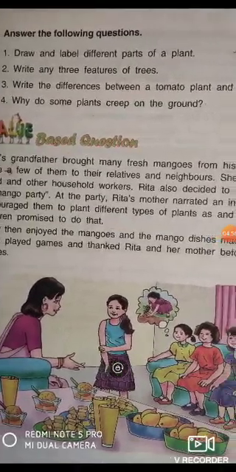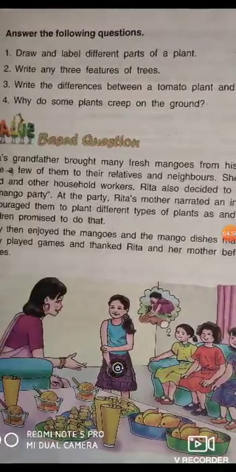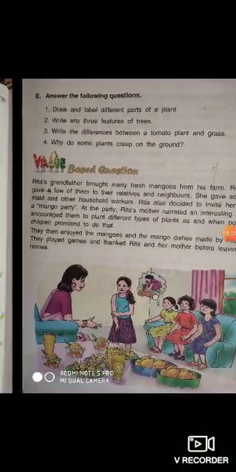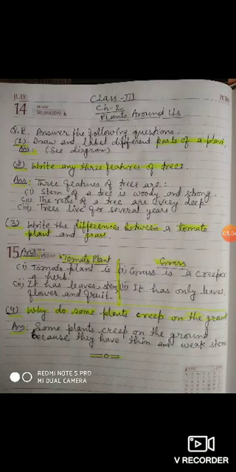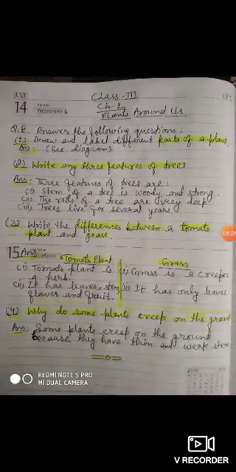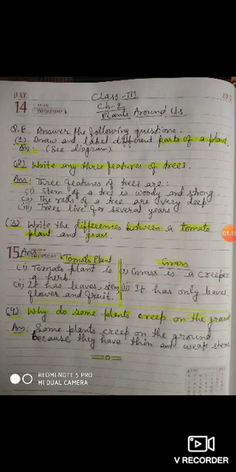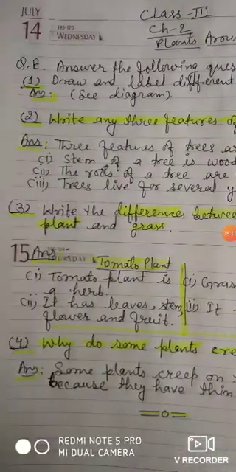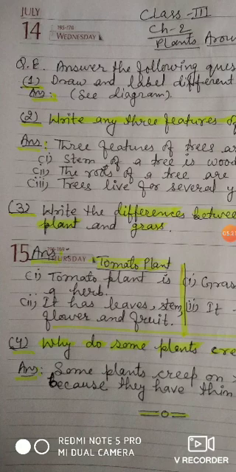Now come to question 3. Write the differences between a tomato plant and a grass. For this, we will make a column and then you will write the answer. See, I have made the column. Point number 1: tomato plant is a herb and grass is a creeper. Point number 2: tomato plant has leaves, stem, flower and fruit.